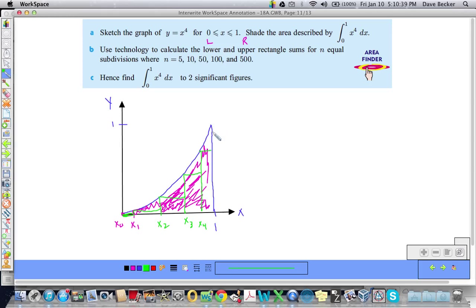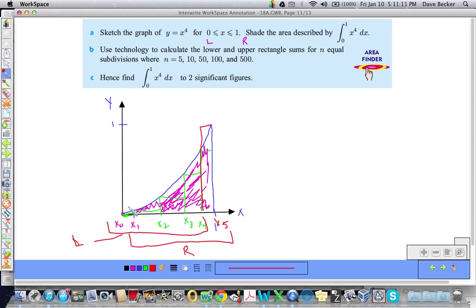Okay, and if we use right-handed rectangles, I'll do this with red, then you go from x sub 1 all the way to x sub 5. So from here to here are going to give me the heights of my right-handed rectangles, and from here to here are going to give me the heights of my left-handed rectangles. And of course the height of the furthest one for this particular function is going to be 0, since 0 to the fourth power is 0.